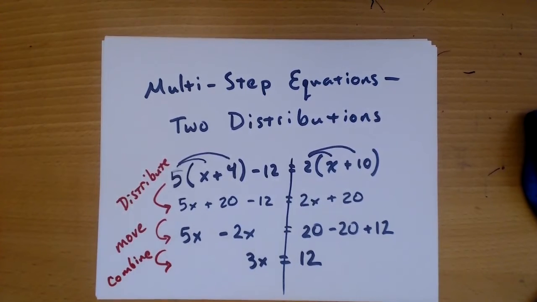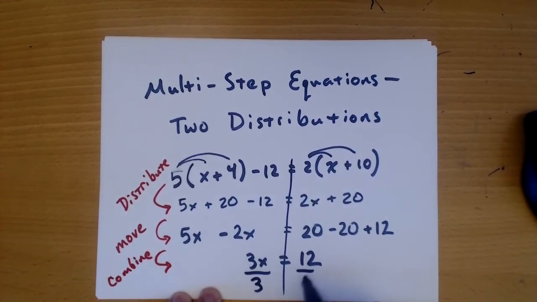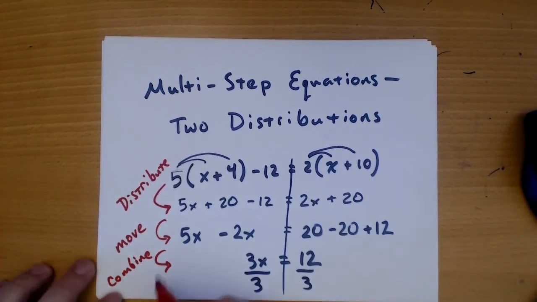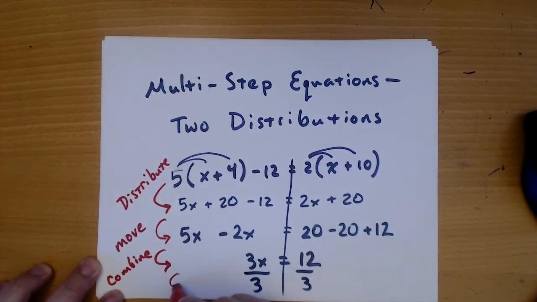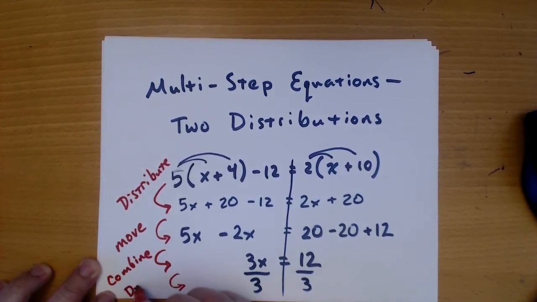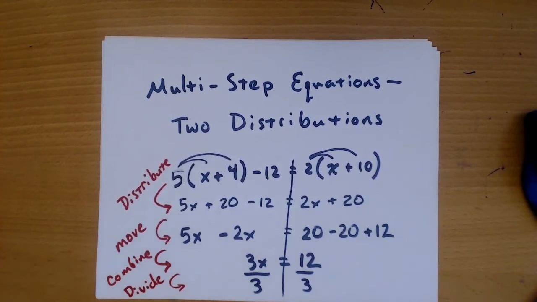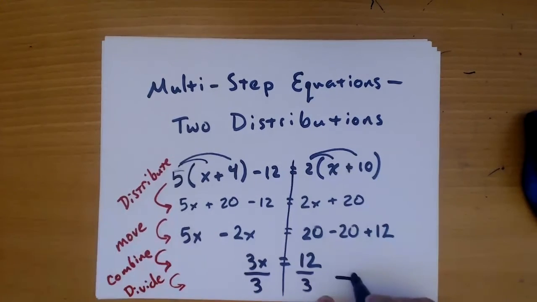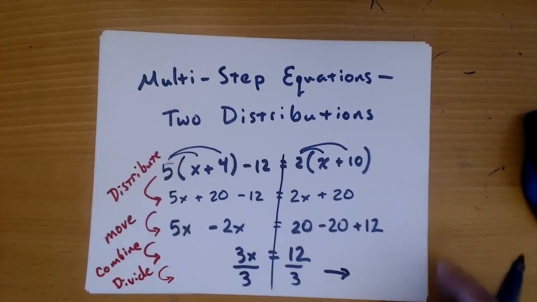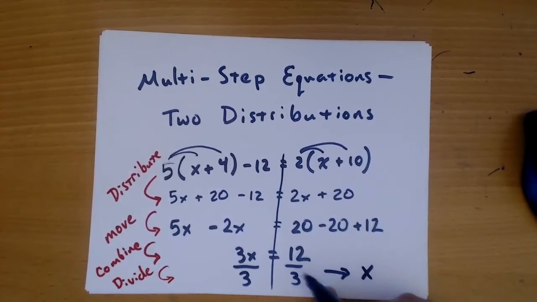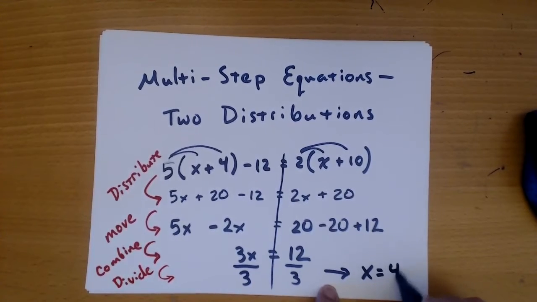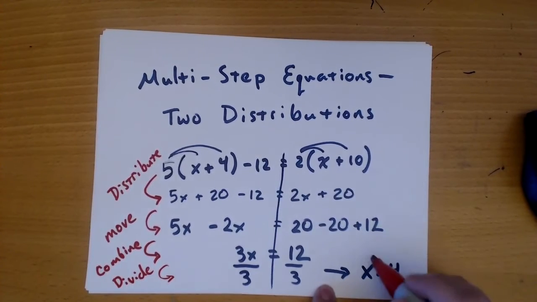And now we need to get rid of the 3, so we divide. And I've run out of room on my paper, but 12 divided by 3 is 4. And that's our answer.